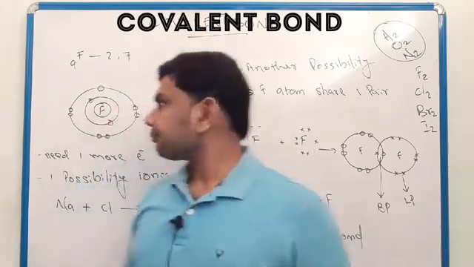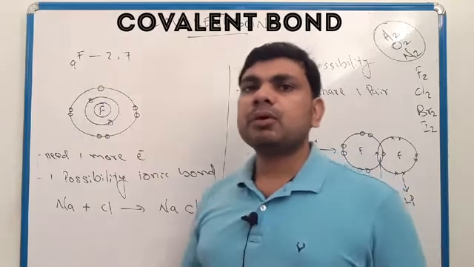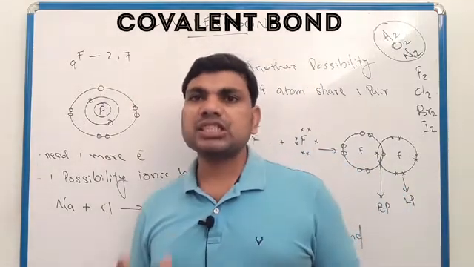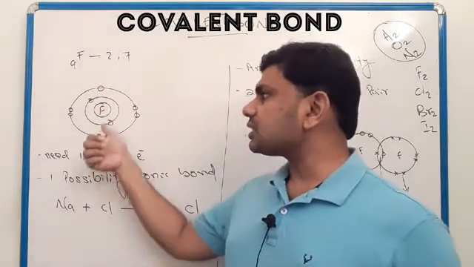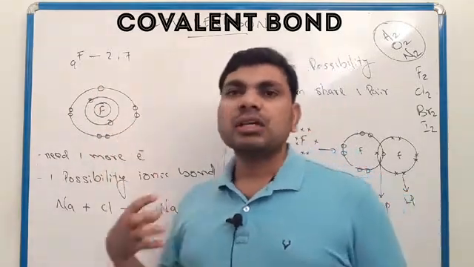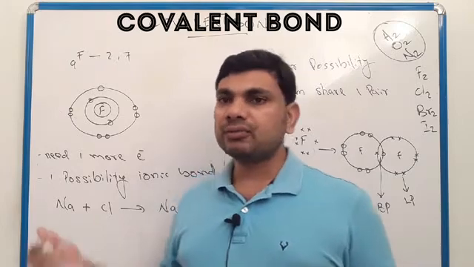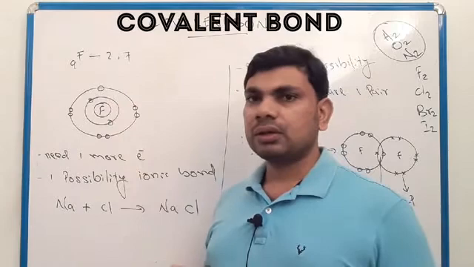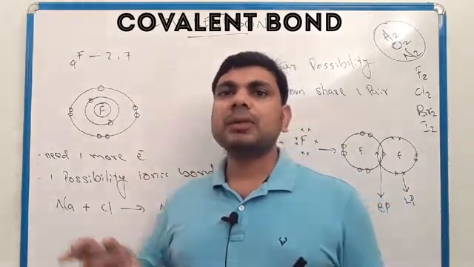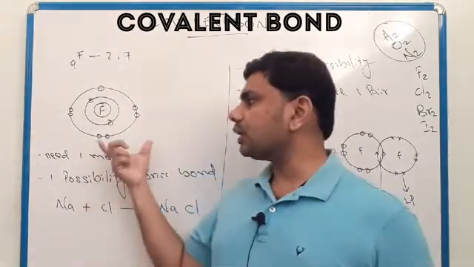See here, the atomic number of fluorine is 9. First shell 2 electrons, second shell 7 electrons. This is the electronic structure of fluorine. We know the second shell must have 8 electrons, but here only 7.